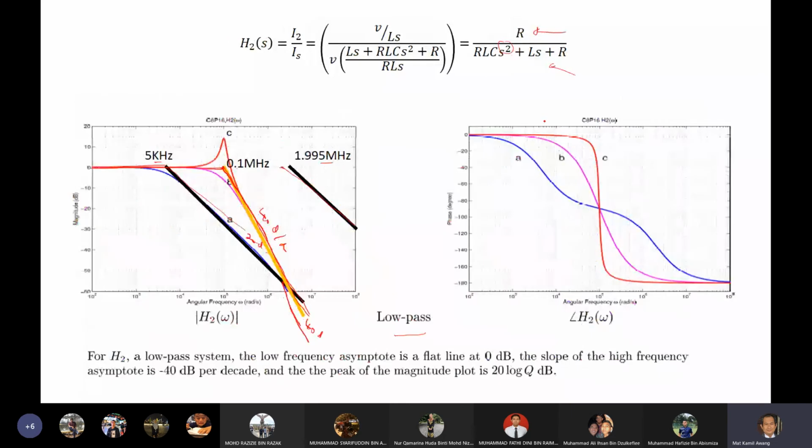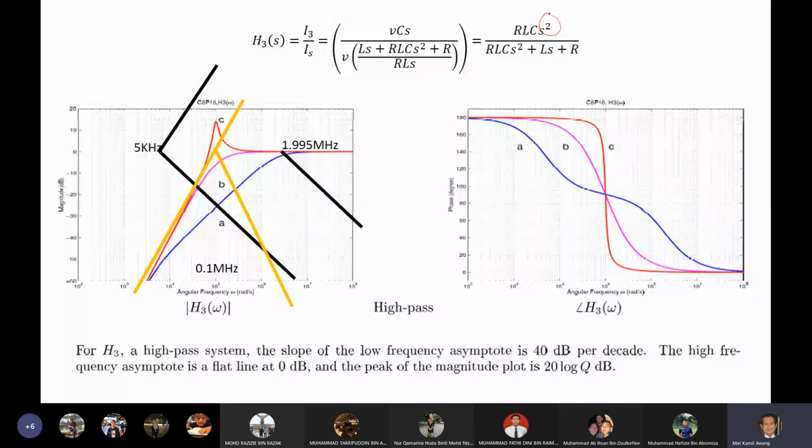High pass is basically that you have two zeros at the origin and two poles. So for the first one, you have two zeros at the origin. So this is the one. You have minus 40 dB here, with plus 40 dB per decade. And at 5 kilohertz, you have one pole, minus 20 dB per decade.